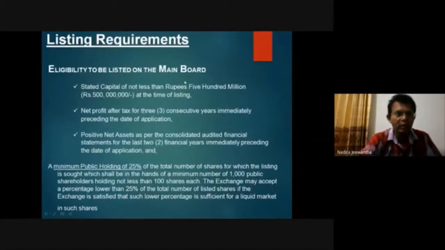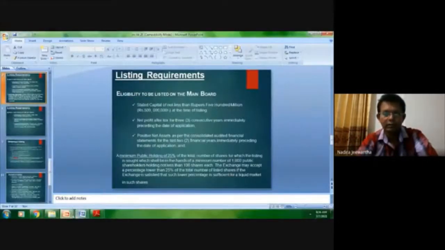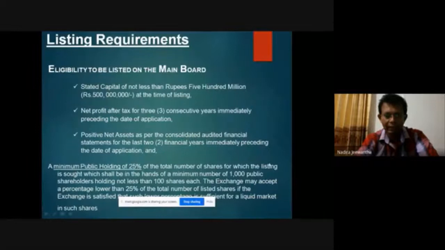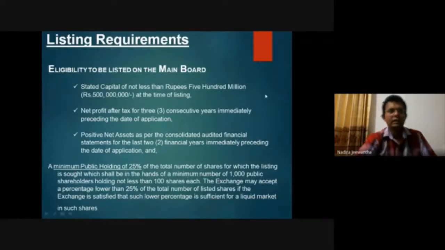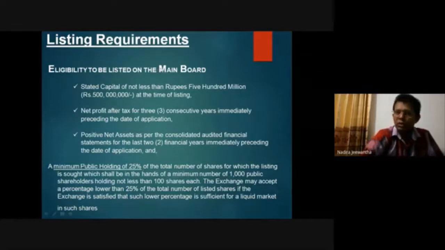And this one is the listing requirement for you to be listed. If it is a new company, for you to be listed, these are the criteria. They have to be there. We have learned two boards specially: one is the main board, the other one is the DiriSavi board.